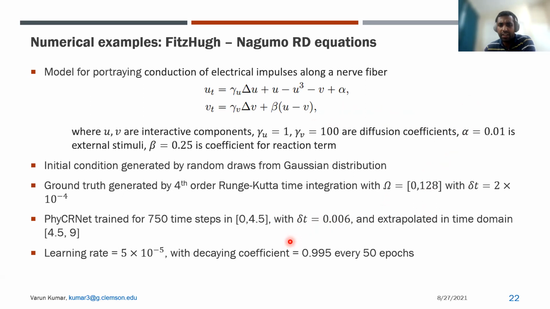They use 750 time steps from 0 to 4.5 seconds with a delta T of 0.006. This was extrapolated in the time domain from 4.5 to 9 seconds to test the model and its predicting capabilities. In this case, they also have a decaying learning rate, which reduces by 0.005 every 50 epochs.